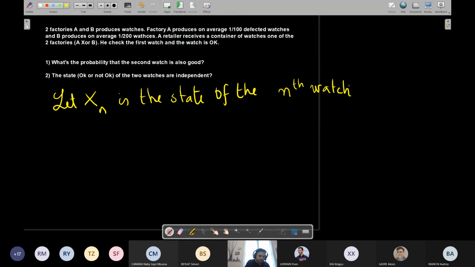It can be 1 if it's okay, and 0 if not. Okay, so xn can be 1 if okay, and 0 if not. This is the notation I will use.